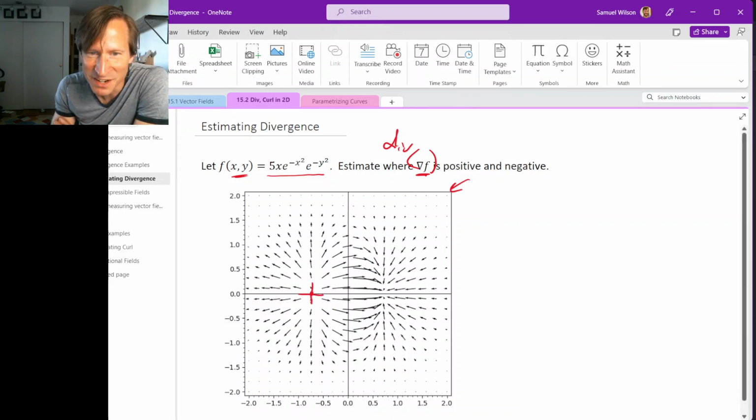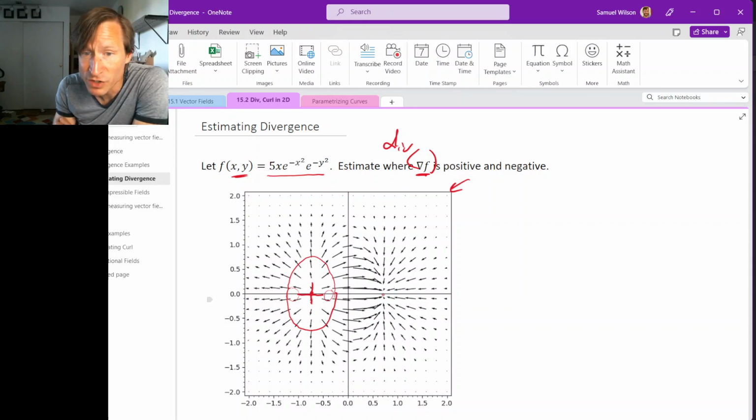The vector field is definitely flowing away from this point. But even over here, the vectors flowing out of this spot are longer than the vectors flowing in. So even over here, it's going to be positive. Same thing over here. The vectors flowing out are longer than the vectors flowing in. And that's true, it looks like, roughly in this patch. So the divergence is going to be positive in this patch.